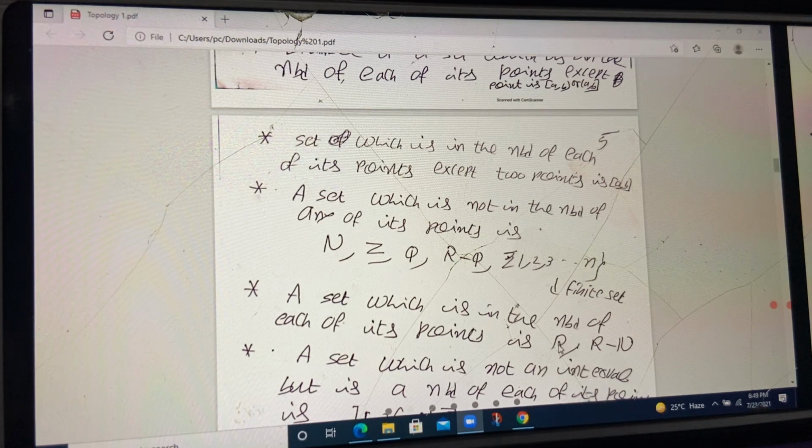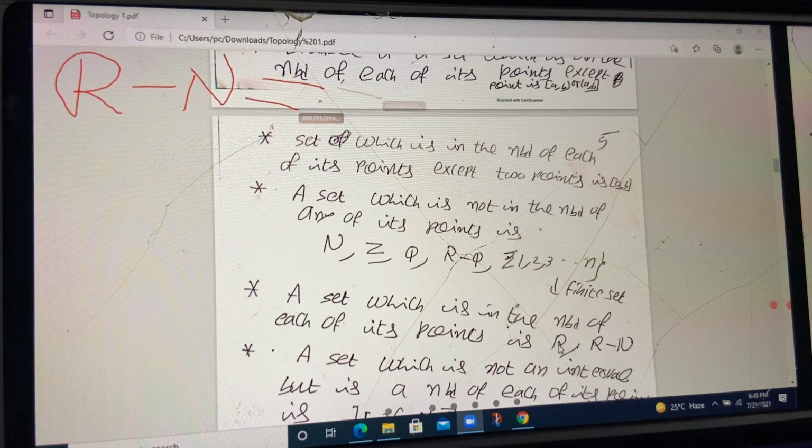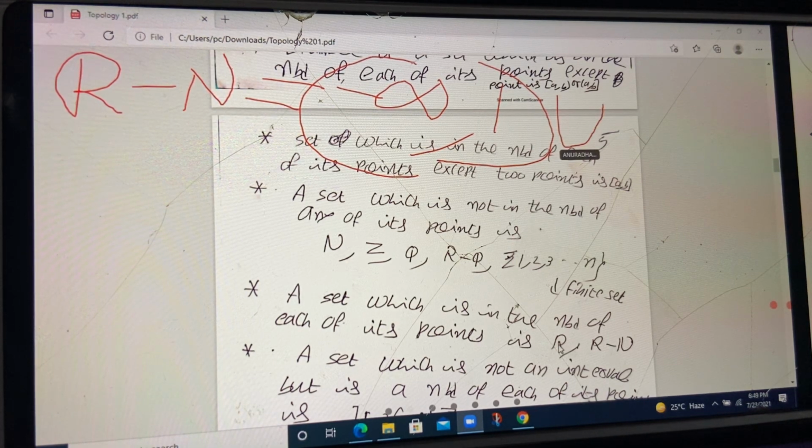Write down this point, all of you. R minus N, very important. Often we will be coming across this, so remember it. R minus N is minus infinity to 1, where 1 is open, not included because 1 is a natural number. Minus infinity is always open.